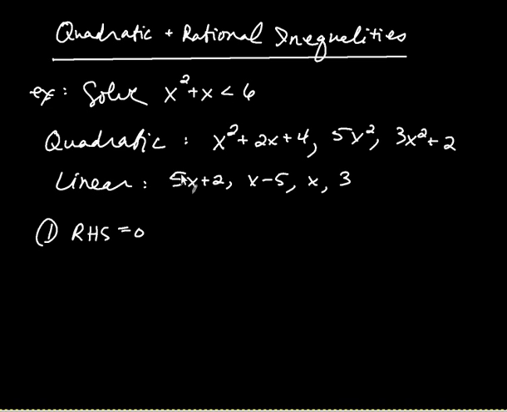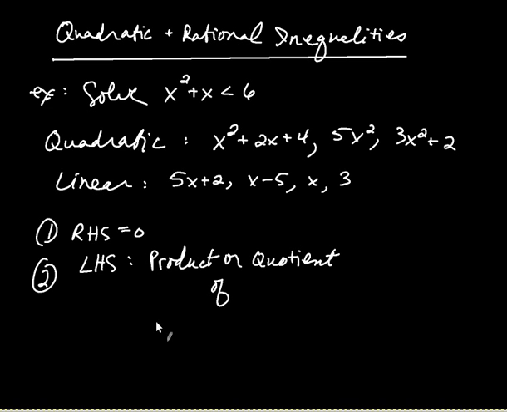The second thing we're going to do is write the left-hand side of the inequality so that it's a product, that means multiplication, or a quotient, that is division, and here's the important part, of linear factors.